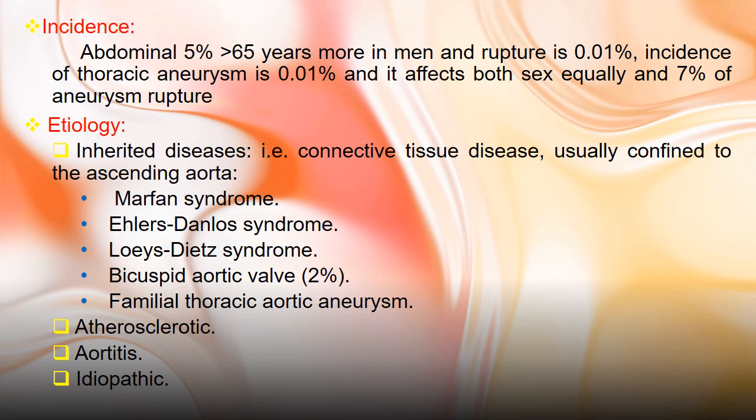The second most common cause is atherosclerosis. Usually it involves any segment, but usually the descending thoracic portion and the abdominal aorta. Other causes such as aortitis and idiopathic may be encountered.